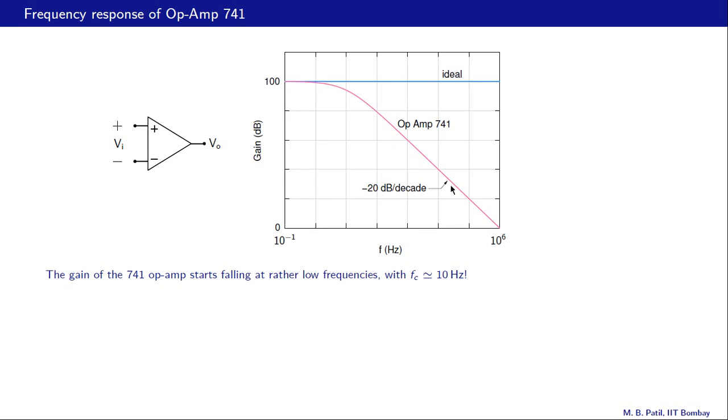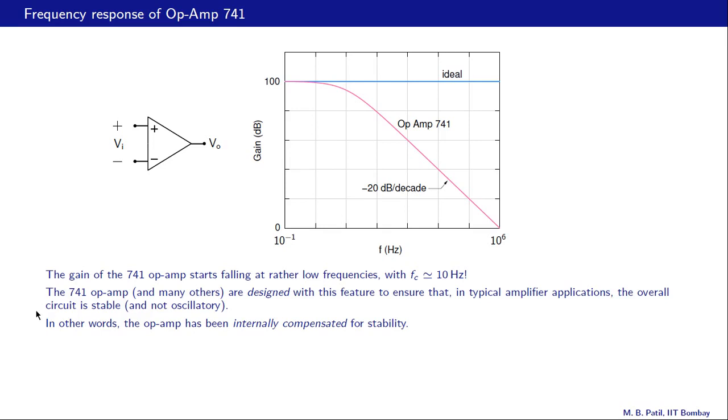And if we join this asymptote with this one, they intersect at about 10 hertz. So what it means is that the gain of the 741 op amp starts falling at rather low frequencies with a cutoff frequency or 3 dB frequency of only 10 hertz.